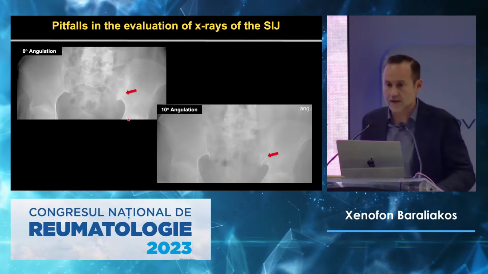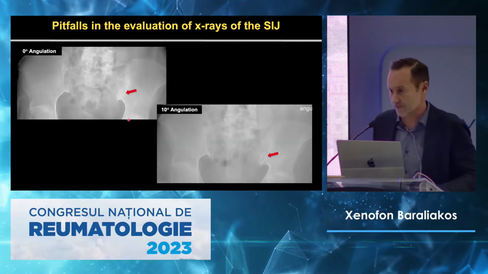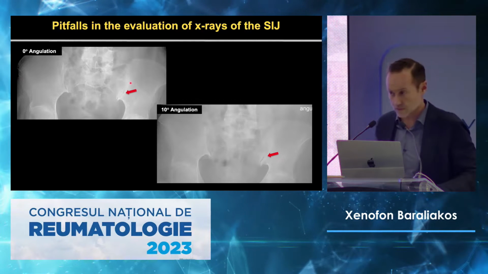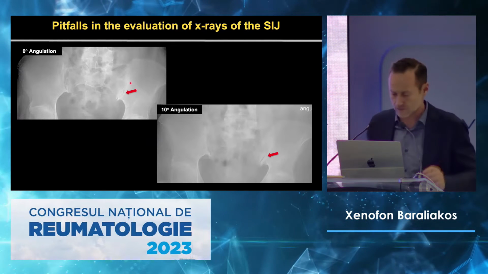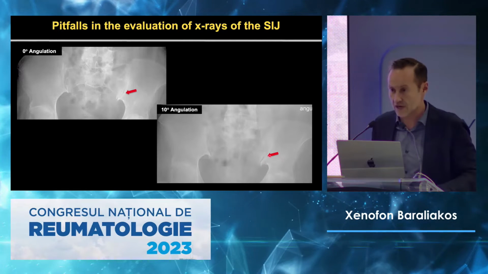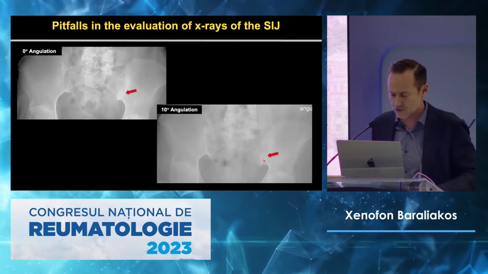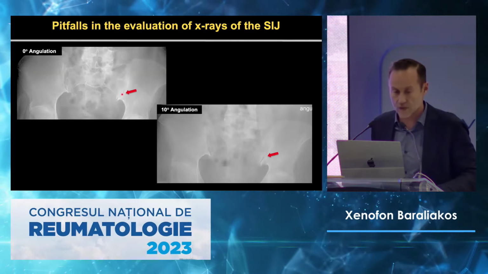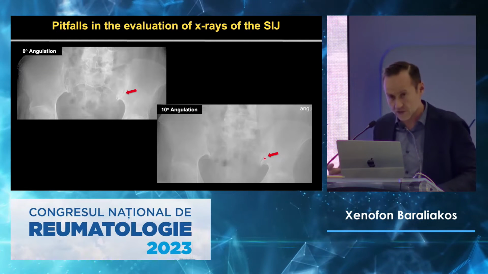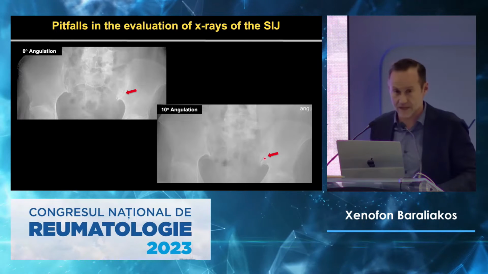Here you see one and the same patient on the same day. This X-ray was done without angulation, directly standing position. This is now with a 10-degree angulation in a lying position. And you see that you already see a difference in the width of the joint.